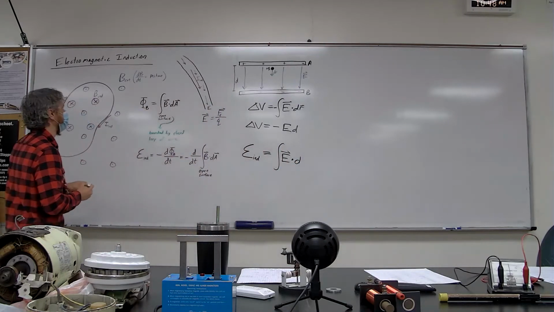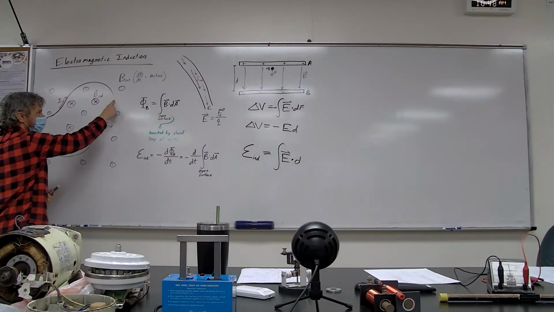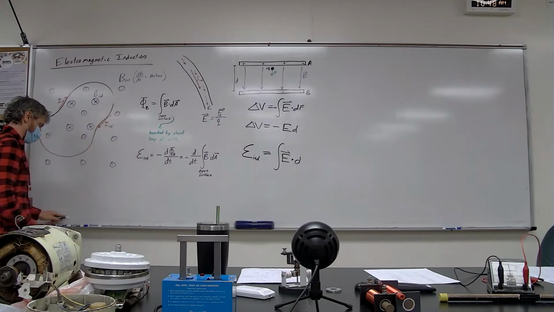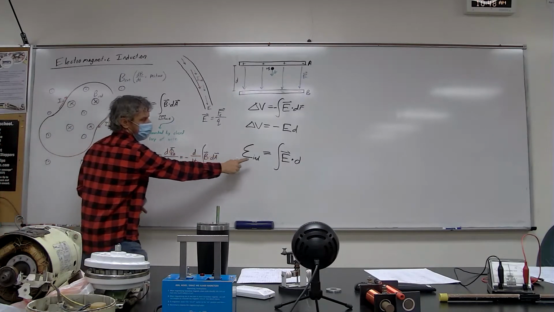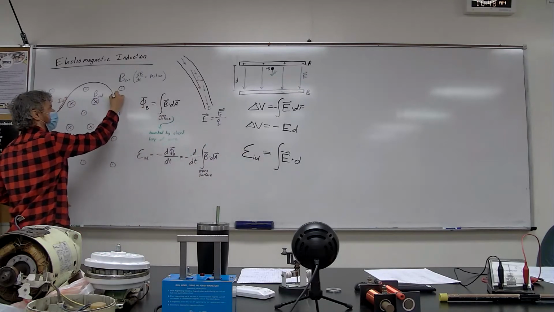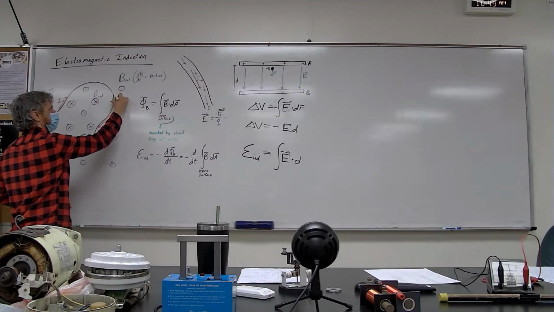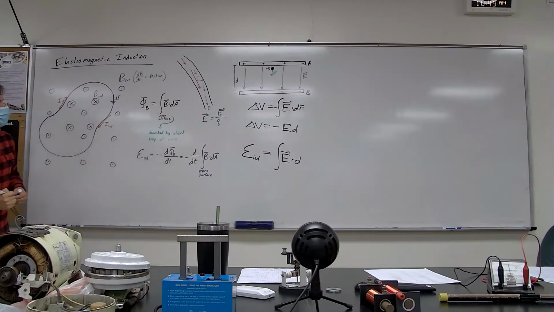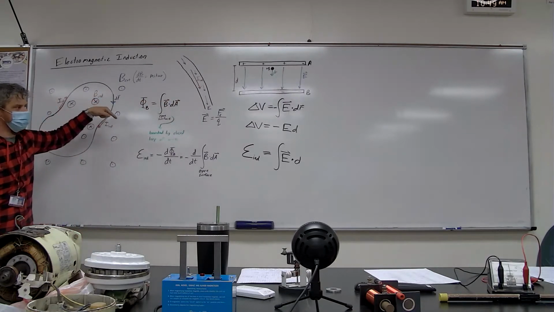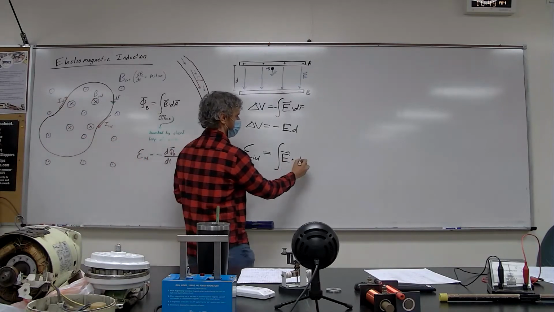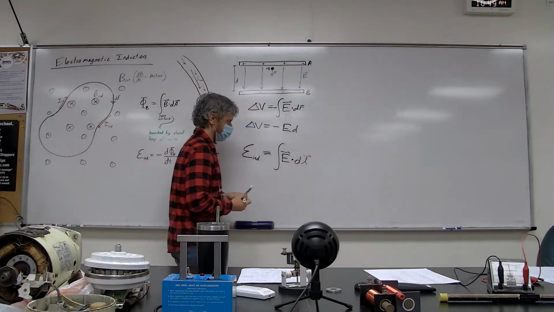dr, but because we are now going around a loop of wire that has a certain length, generally the induced voltage is written in terms of not dr, but dl. So we integrate the electric field dotted with dl to get an expression for the induced voltage.